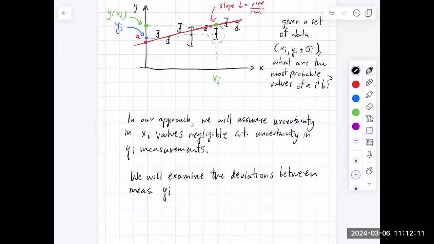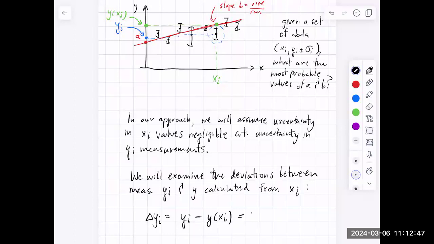So we're going to look for the deviations between the measured yi and y calculated from xi. And so delta yi is going to be the y value of the ith measurement minus y evaluated at xi, where this is calculated from the equation of that red line.